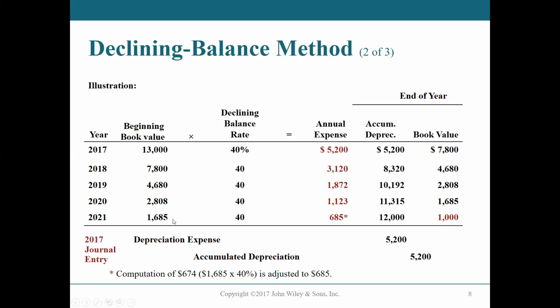So I'm just going to say depreciate 685 in this last year, which will make my accumulated depreciation total 12,000. And then my book value is my original cost minus the $12,000. So in this method, what we end up doing is taking a larger portion of the expense in the early years of the asset's life.